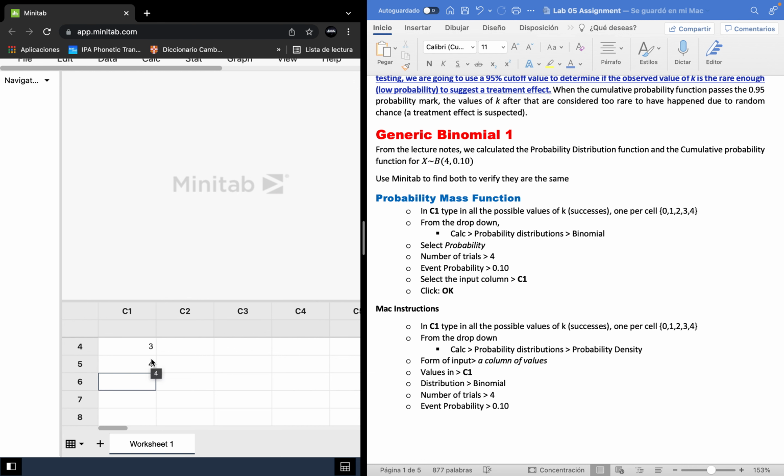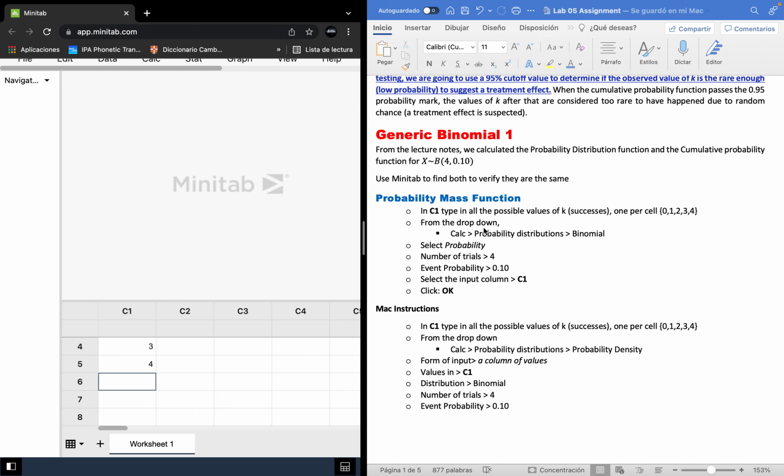Always when you have a binomial, you need 2 values: the number of trials, the number of times you are repeating the experiment, and the probability of success in only 1 trial. In this case, it's going to be 0.10, and the number of trials is 4. How many successes can we observe? At most, 4.